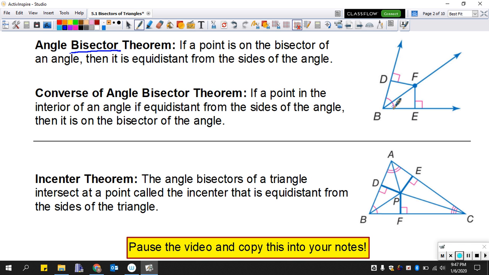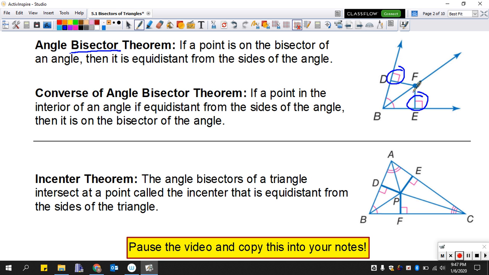Also, the big property that goes along with the angle bisector is that any point on this angle bisector is going to be equidistant, or the same distance, from the sides of the angle. You notice here that the distances to the sides are measured at a right angle.